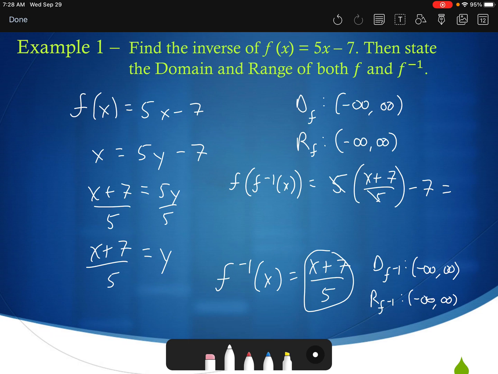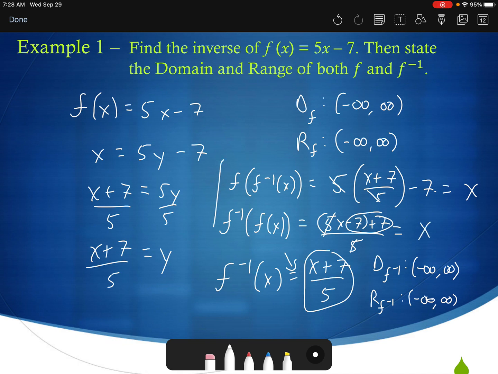Well, 5's cancel. 7 minus 7 is 0, so we're left with x. What about f inverse of f of x? So we're going to plug 5x minus 7 into the inverse function. Well, wait a minute, that's 0. Those cancel, you get x.